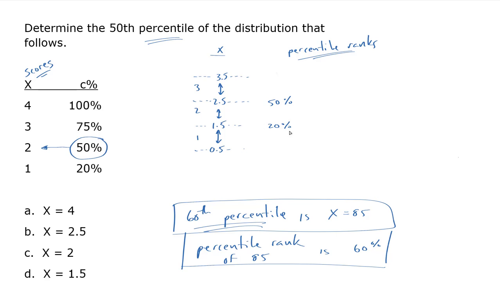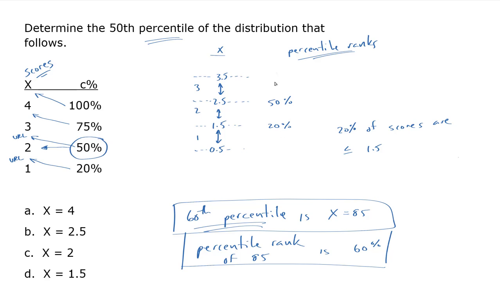So what this 20% means is that 20% of scores are less than or equal to 1.5. So the 20% does not refer to the 1, it refers to the upper real limit of the score that it sits next to. The 50% refers to the upper real limit of the score that it sits next to, and so on. So things are a little bit misleading the way that they present this.